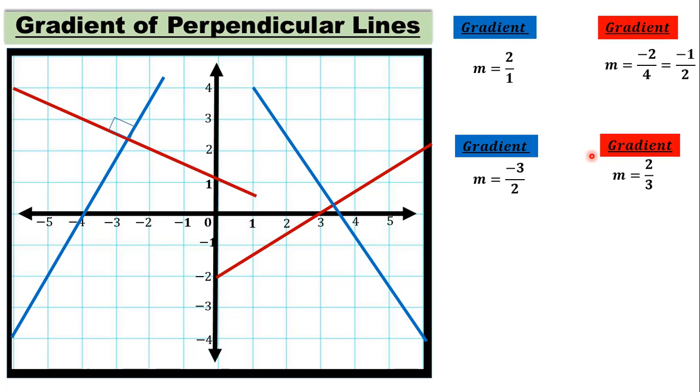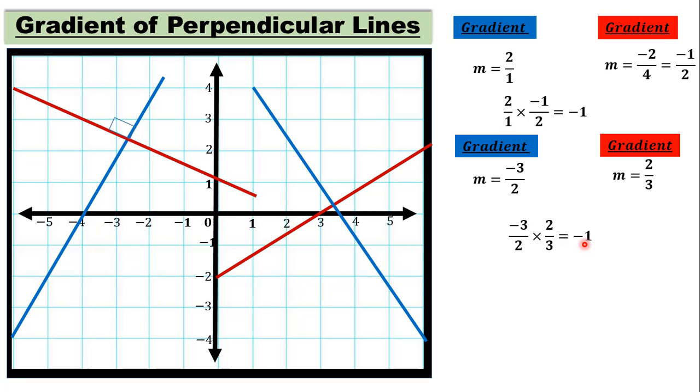And that relation is, if you multiply the gradient of these two lines, 2 over 1 multiplied with minus 1 over 2, the gradient of the second line, you will get 2 and 2 will be cancelled out and you are left with minus 1 in the first pair product. And if we find the product of the gradients of the second pair, we are again going to get minus 1.